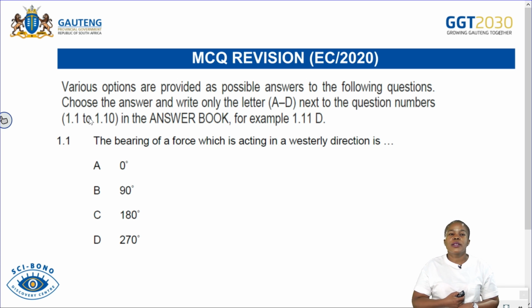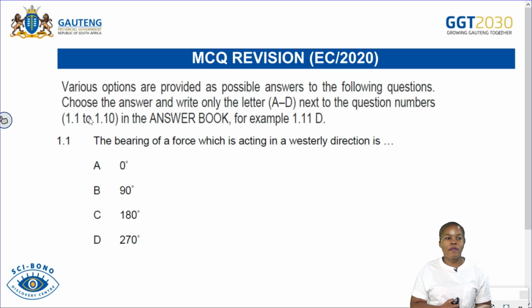So let's quickly take a recap now of our work on forces by looking at the past question papers. First up, we're going to be looking at the multiple choice questions, okay? That is your MCQ questions revision, taken from different past question papers, your Eastern Cape 2020. The instruction reads as follows.